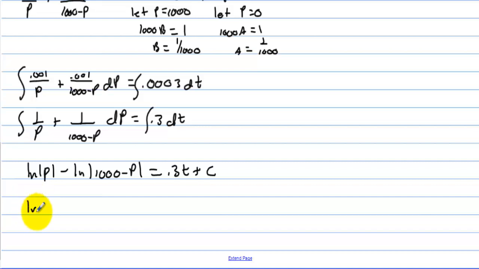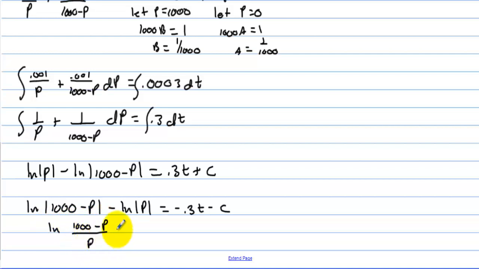That way we have natural log of the absolute value of 1,000 minus P minus the natural log of the absolute value of P is equal to -0.3t minus C.